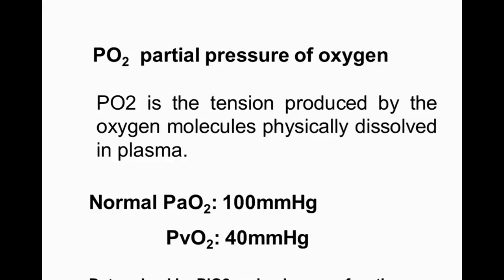Normal PO2 is arterial 100, venous 40 millimeter mercury, determined by the PiO2, which is the inspired oxygen, and pulmonary function. If the inspired oxygen is decreased, due to hypoventilation, or high altitude where atmospheric pressure decreases, or anything in the formula, the alveolar oxygen will decrease.